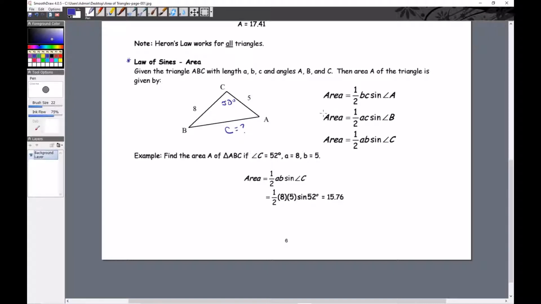And to me, there's only one of them, because when you see this, you're just going to have a given side times 1/2 times the sine of the angle in between. It looks a lot like area equals 1/2 base times height.